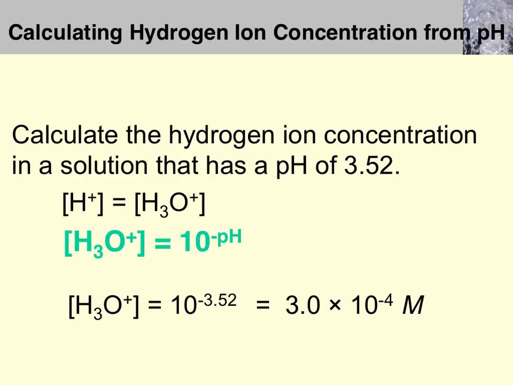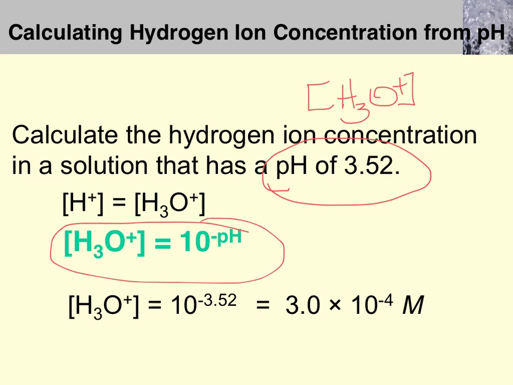So here's a straightforward problem that goes in the reverse direction, which you need to be very comfortable with. Instead of asking you to calculate pH, this problem gives you the pH value and asks you to calculate the hydronium ion concentration. And so you need to remember the formula for that. That is 10 raised to the minus pH.